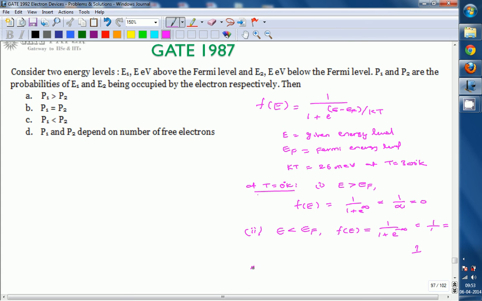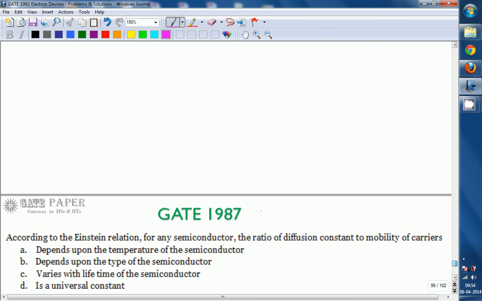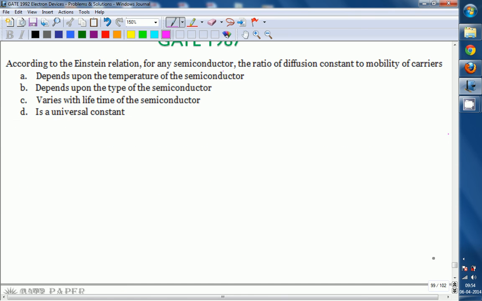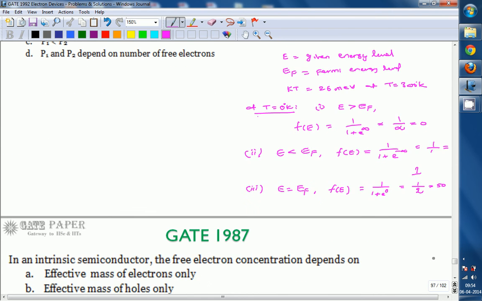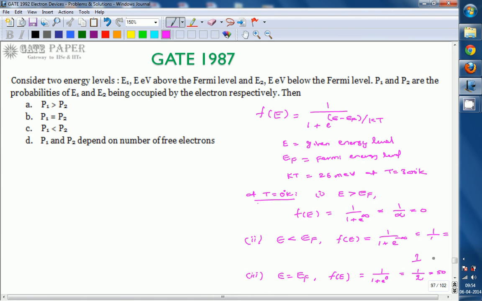Otherwise, if the energy level is exactly equal to the Fermi level, f of E is equal to 1 by 1 plus e power 0. Something to the power of 0 is 1, so you get 1 by 2, which is 50%.